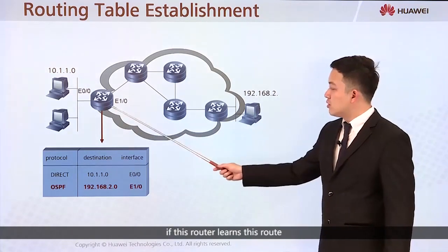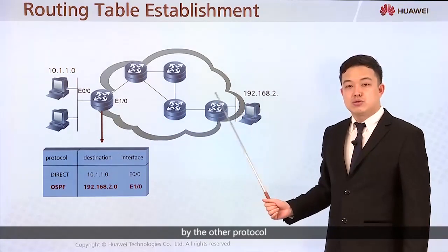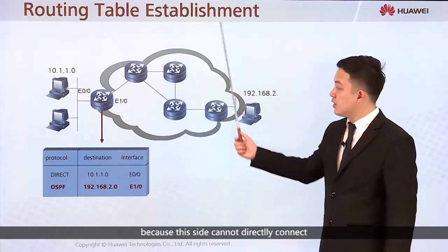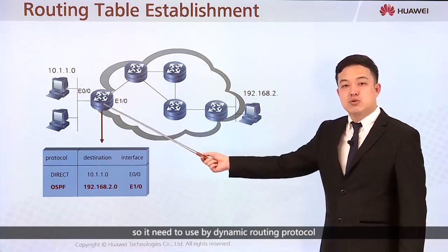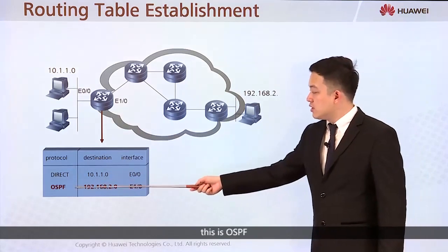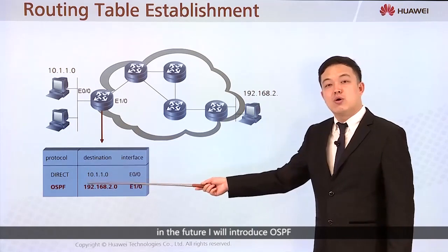If this router learns a remote route by another protocol, because this side cannot directly connect to here, it needs to learn the route by a dynamic routing protocol. This is OSPF. In the future, I will introduce OSPF.